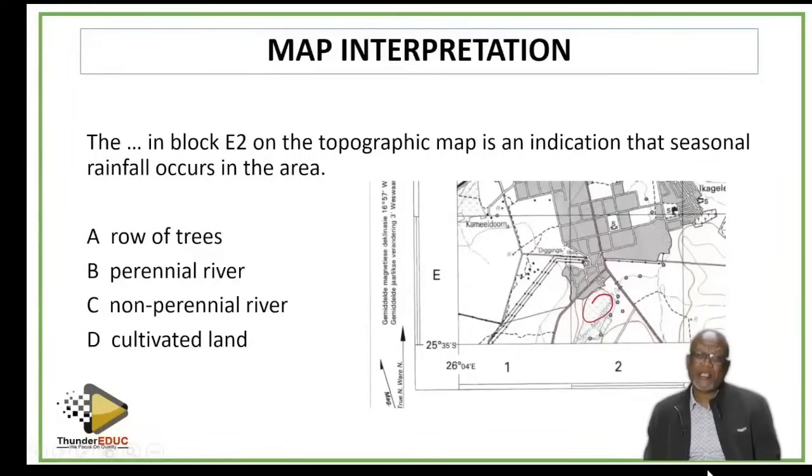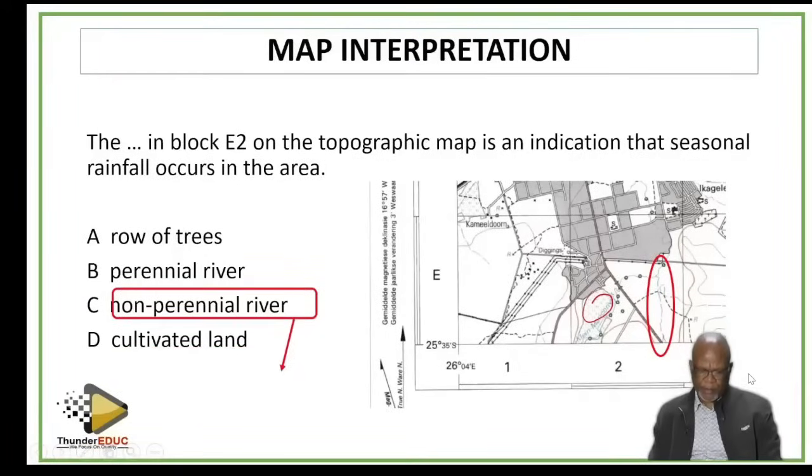So what will be the sign that indicates that the area receives seasonal rainfall here? It will be the non-perennial river. It is an indication that the area will receive periodic rainfall or seasonal rainfall, the non-perennial river.